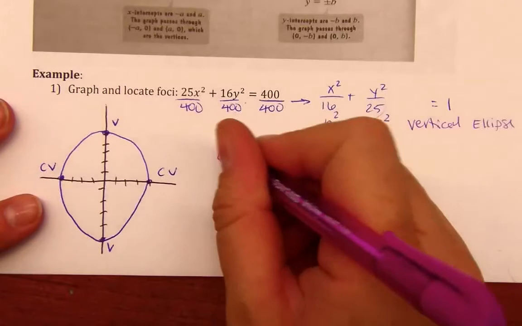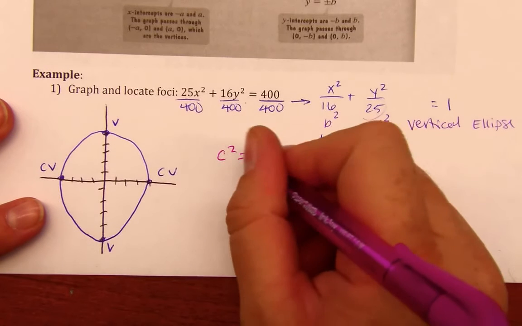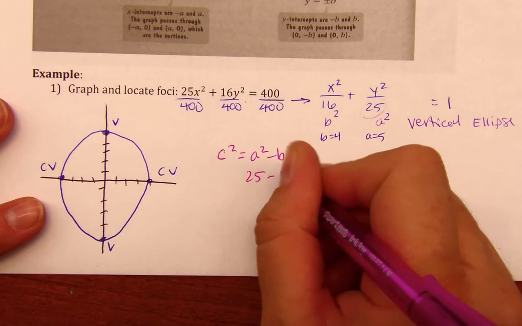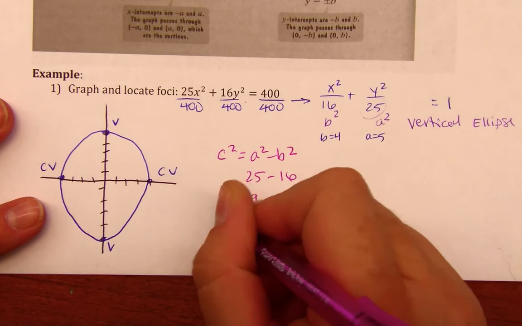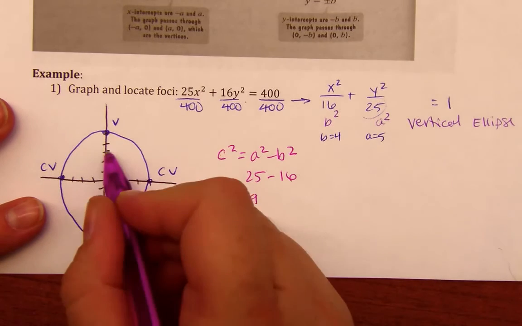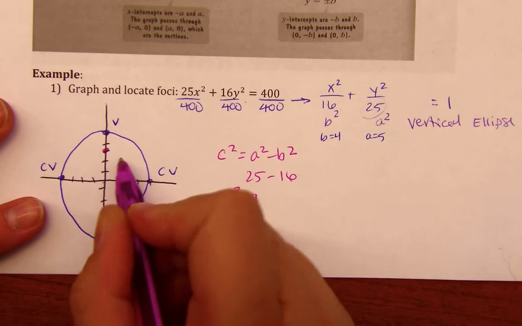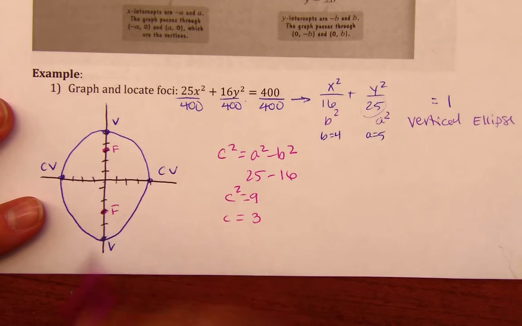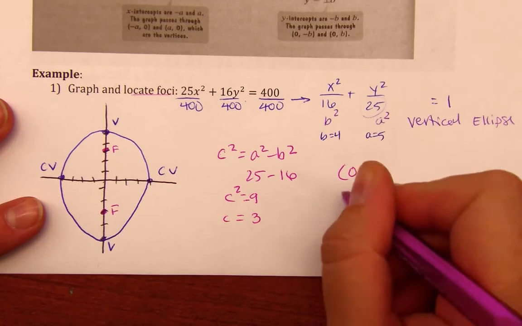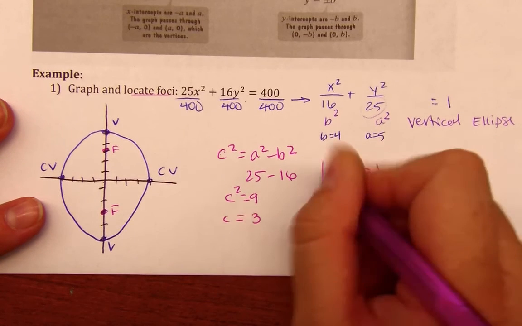So our c squared is equal to a squared minus b squared, so 25 minus 16 is 9. So c equals 3. So going out 3 on that major axis gives us our foci. And we need to state the foci here. So our foci are at (0, 3) and (0, -3).